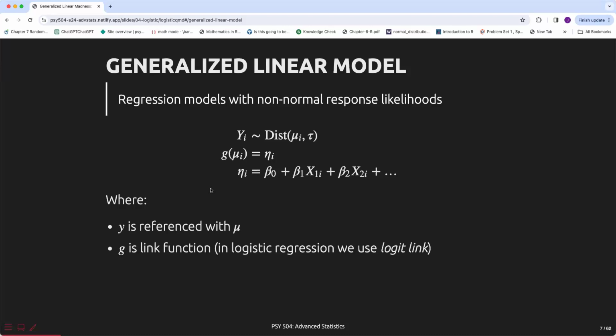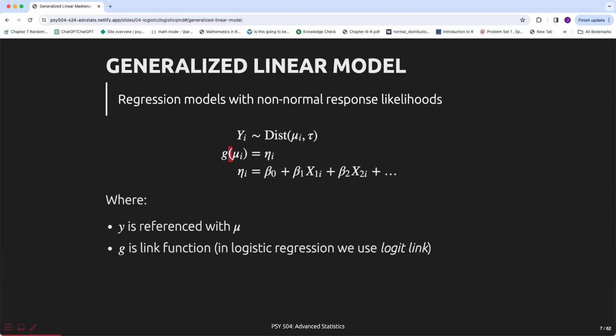We need a link function, which I am highlighting here with g. This basically takes our outcome variable and modifies it. And then we also need our linear model component, our architecture that we know and love. What I think is pretty cool is that the link function transforms the outcome variable to make it linear.